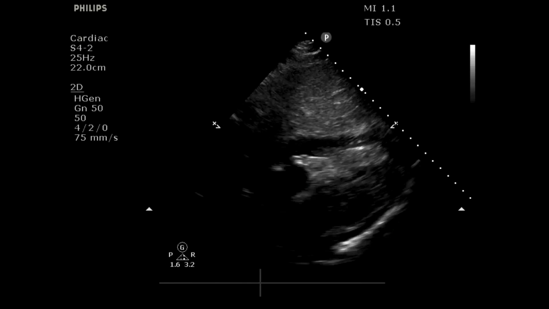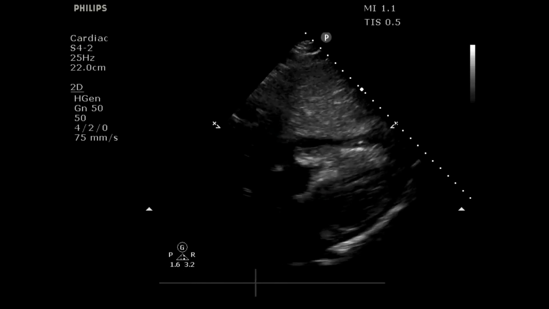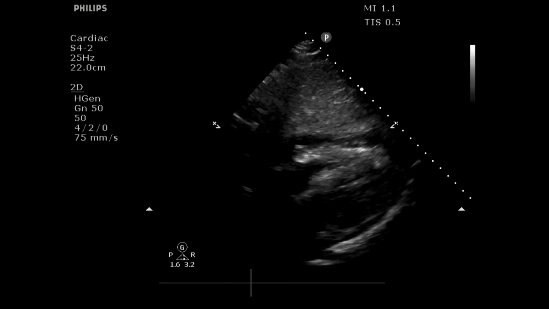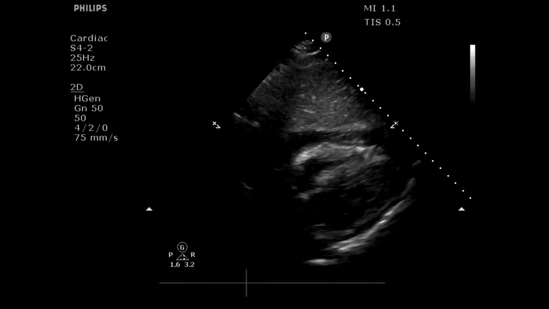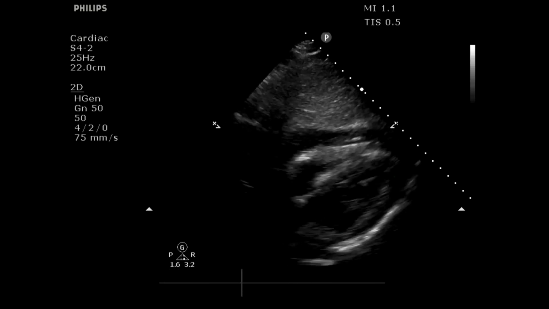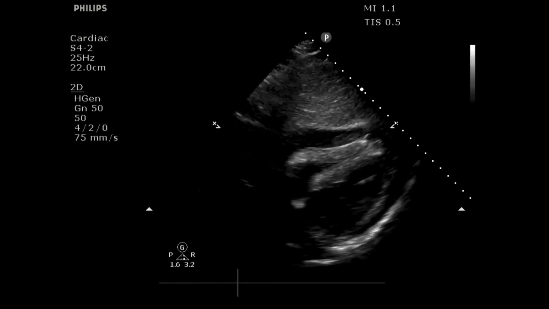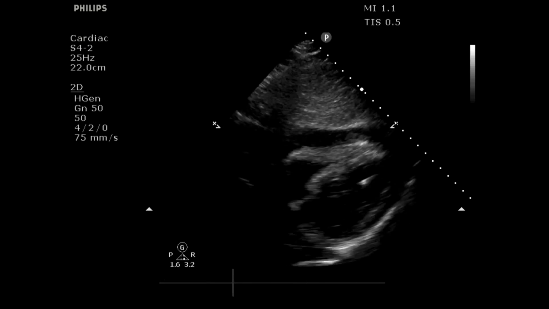You can see that undulation of the RV free wall, suggesting that this patient is not just in the early stages, but kind of heading down the road of pericardial tamponade, right? So this patient definitely needs to go to the OR rather rapidly to get this assessed and get this repaired. So this patient has pericardial tamponade.